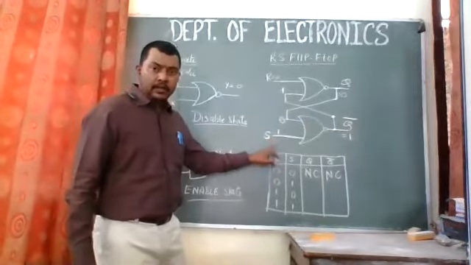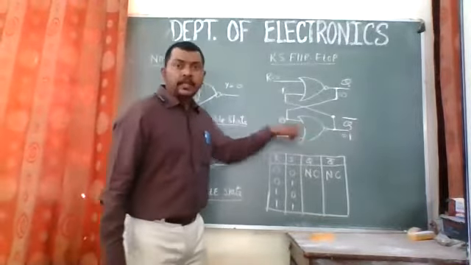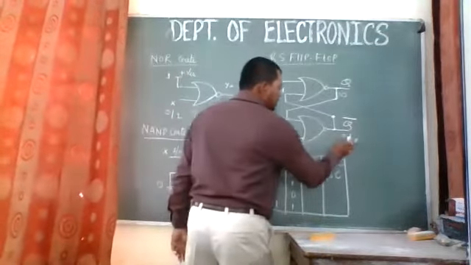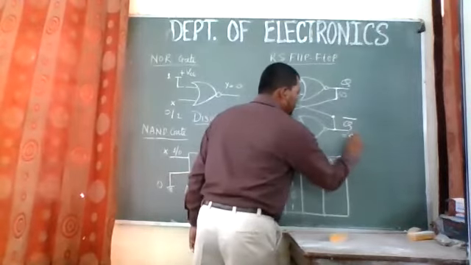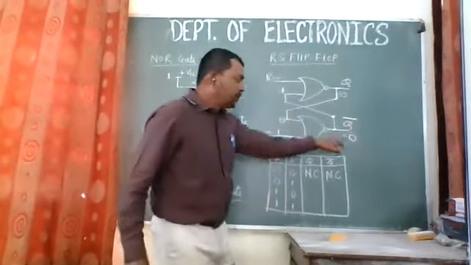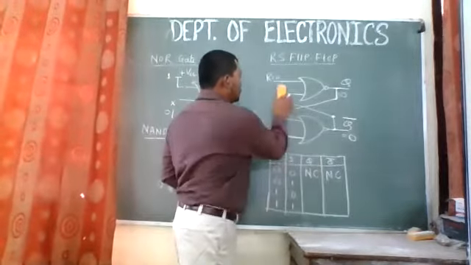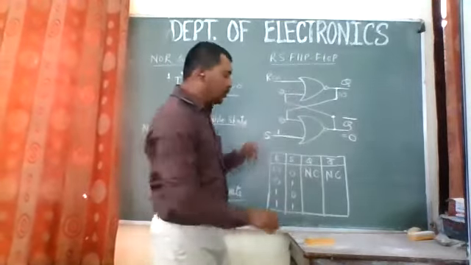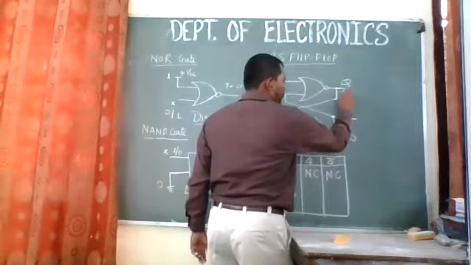And if it is high, then without caring for the second input, this gate is going to land in the disabled state. Now, in the disabled state, this Q bar is going to be 0. And if this is 0, then 0 is our input to the first NOR gate. So both will become 0, and the output of Q will change to 1.